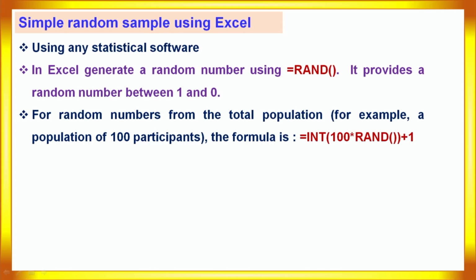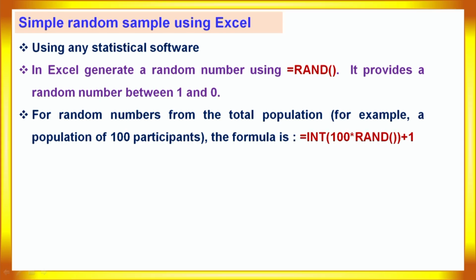So, you have to multiply it by 100 to generate whole random numbers. If you want to generate numbers for a population of 100, you can use INT(100*RAND()) as a function to generate the number.